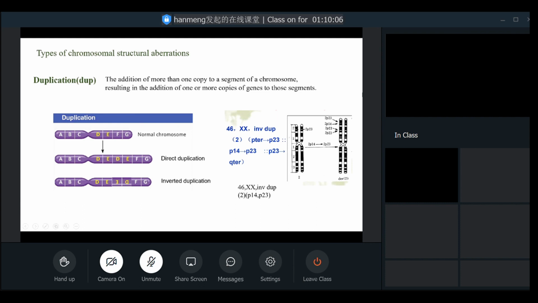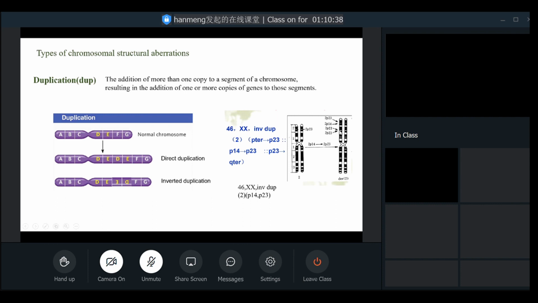So here, in our example, it occurs on chromosome 2. The P14 to P23 fragment is copied. But this fragment is an inverted duplication.